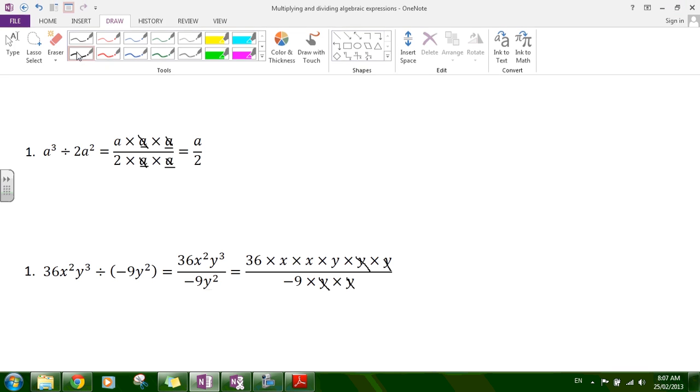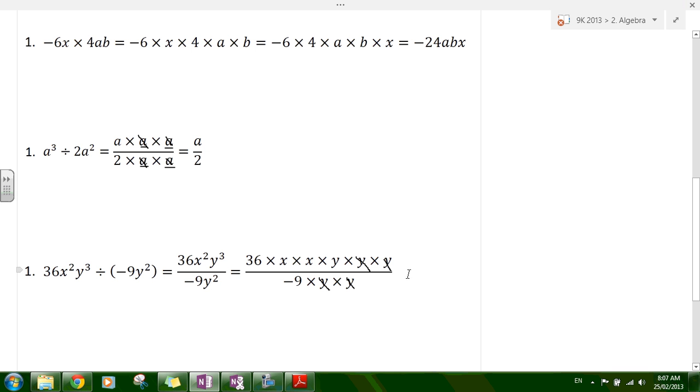But we need to notice another thing here. So 36 and 9 have a common factor. So if I rewrite this, I can write it as equals 4 times 9 times x times x times y over minus 9.